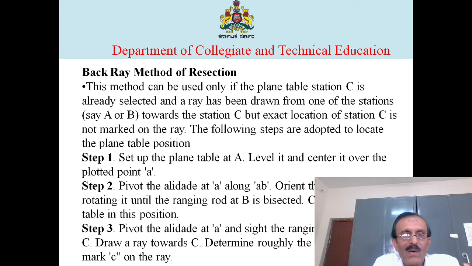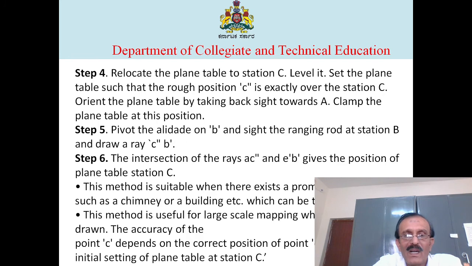Orient the table by rotating it until the ranging rod at B is bisected. Clamp the plane table in this position. Pivot the alidade at A and sight the ranging rod at station C. Draw the ray towards C. Determine roughly the plane table position C.